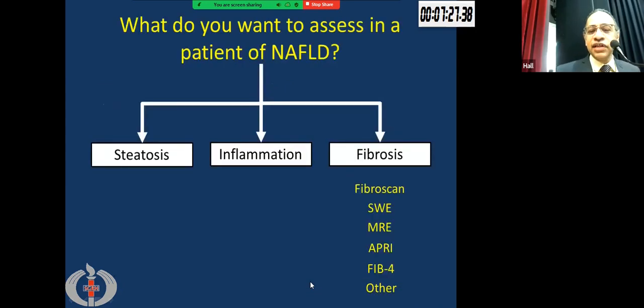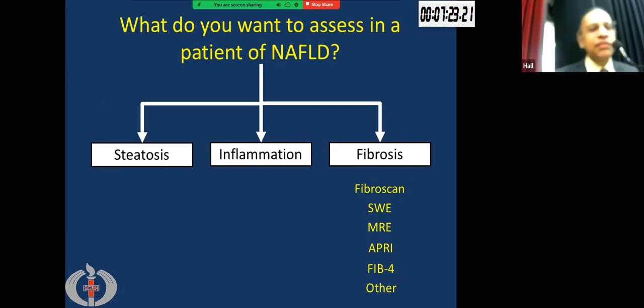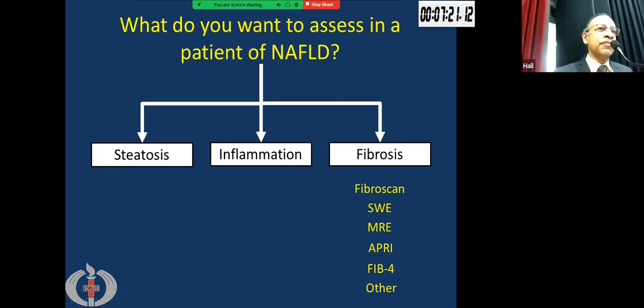So with these caveats, now coming to fibrosis, the third part, which is the most essential part, because most of the outcomes of fatty liver depend on how much fibrosis the liver has. There are various modalities to assess fibrosis non-invasively, the most important being FibroScan.